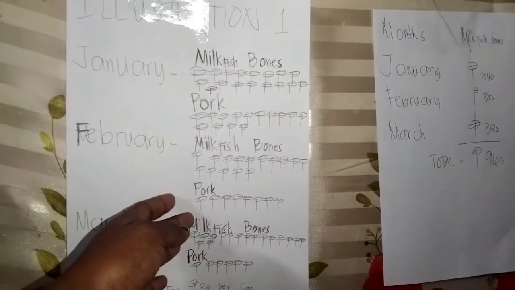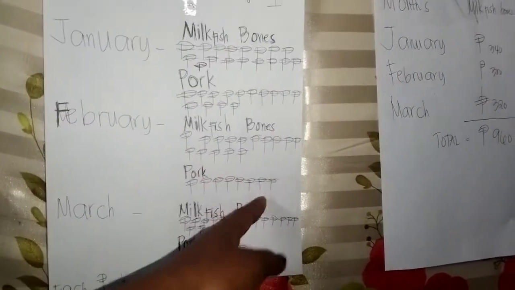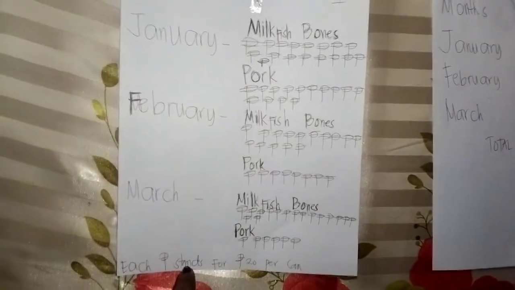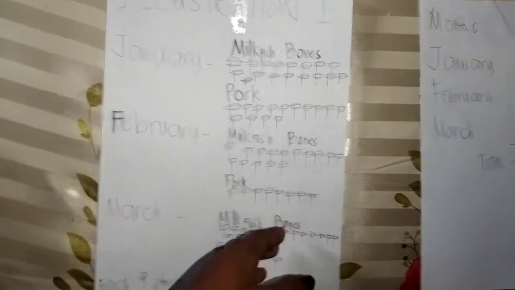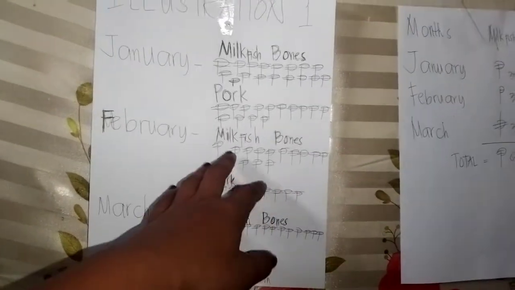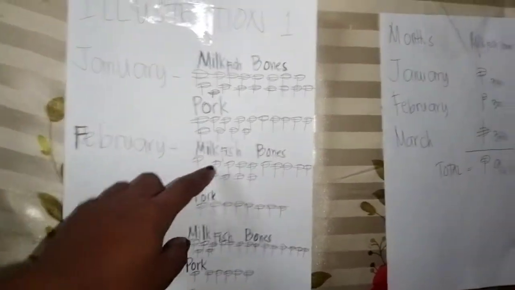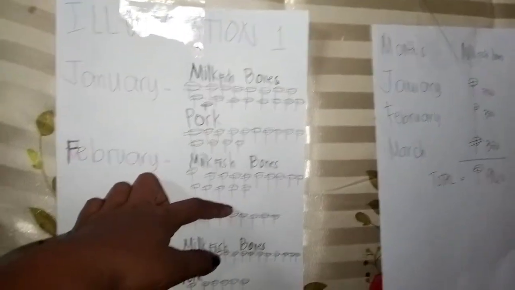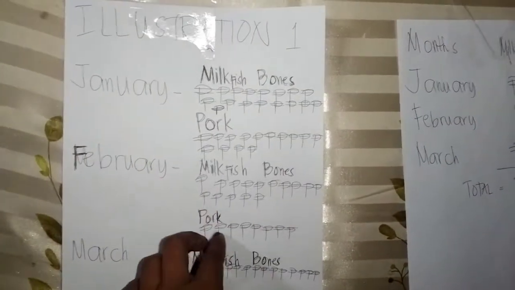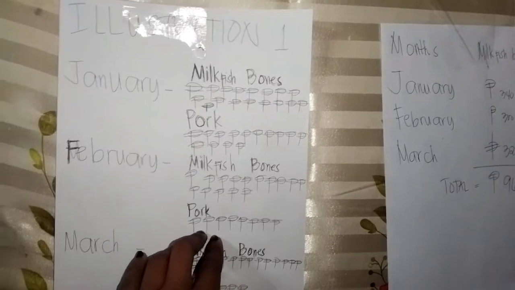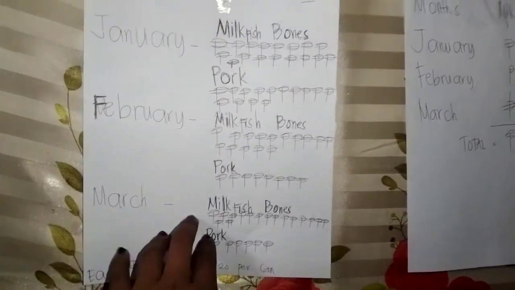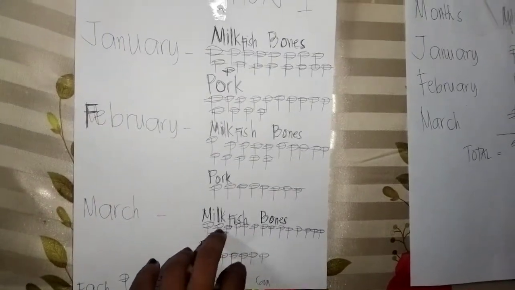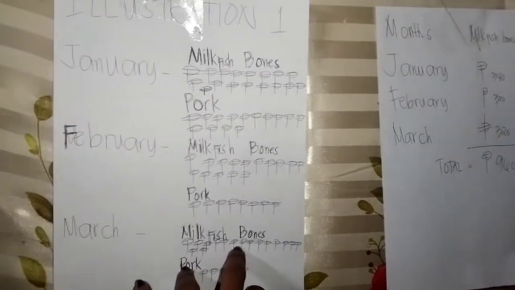We have 8 peso signs for pork. Each peso sign stands for 20 pesos per can. So for the month of February, our milkfish bones is 300 and the pork is 160 pesos.